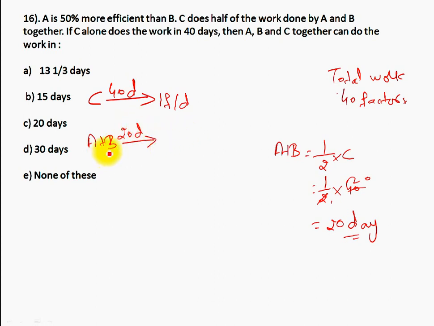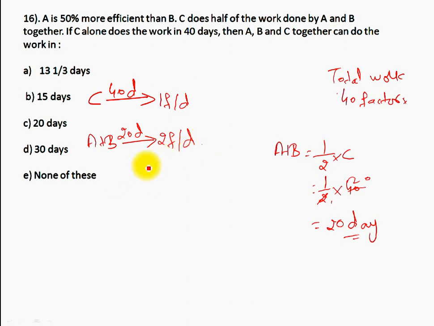If together they take 20 days, then for 40 factors of work it should come out to be 2 factors per day.